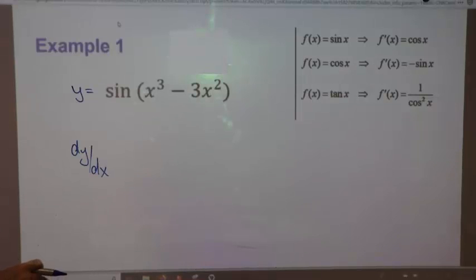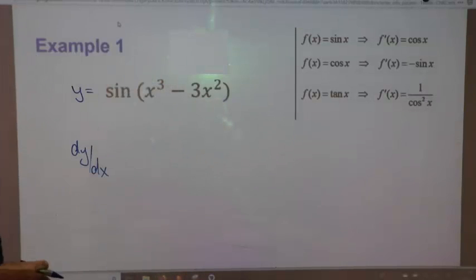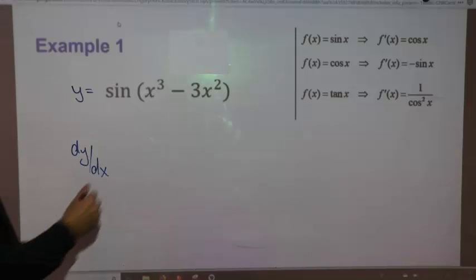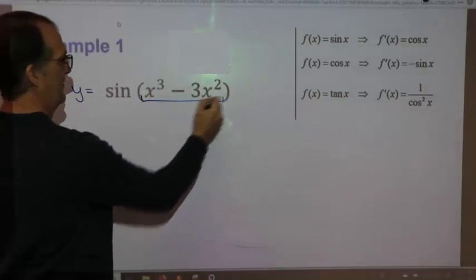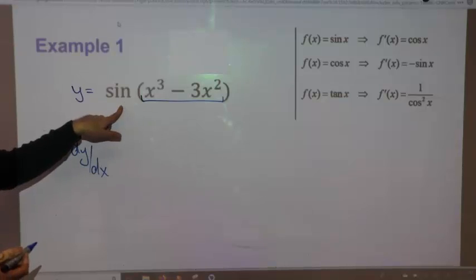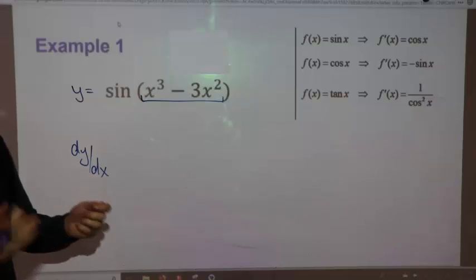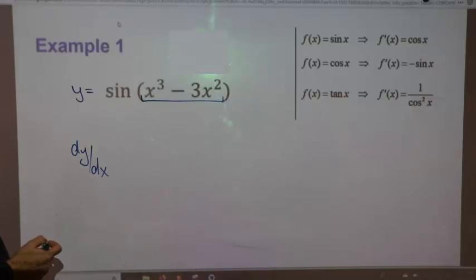The first thing to realize is this is the chain rule, because you have this function inside of the sine function. And that's a fairly standard type of question that you're going to have to work with.